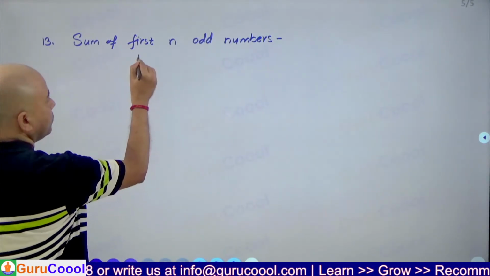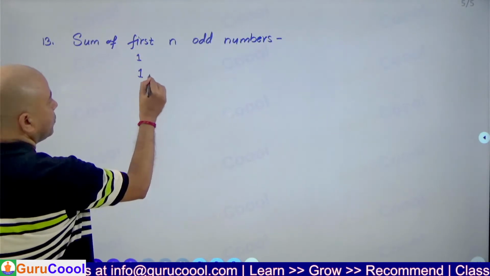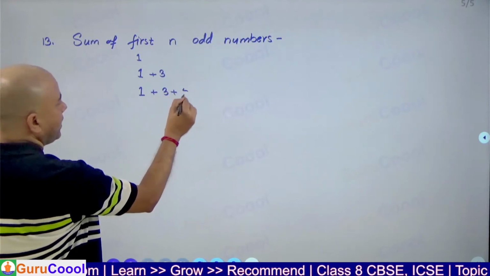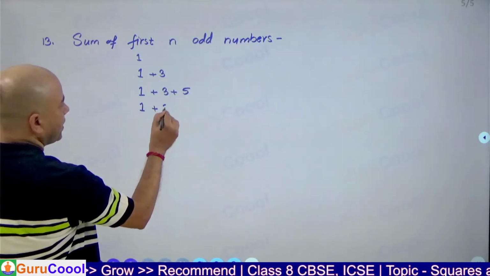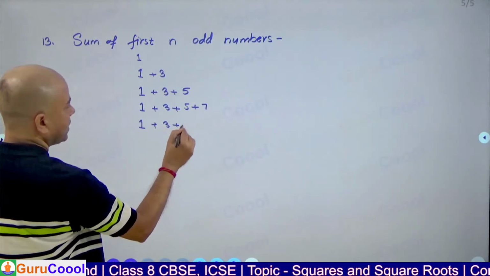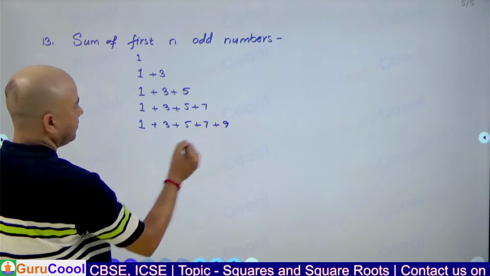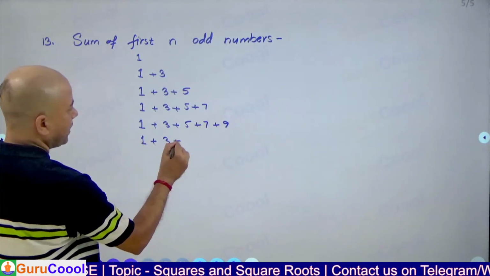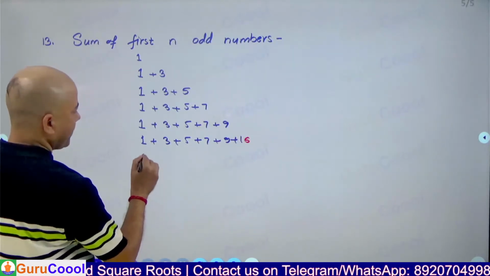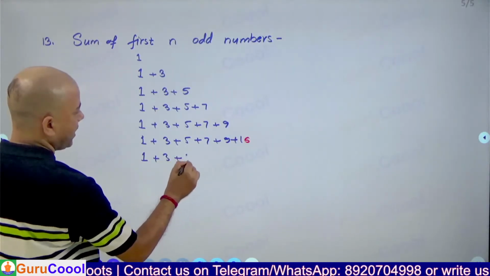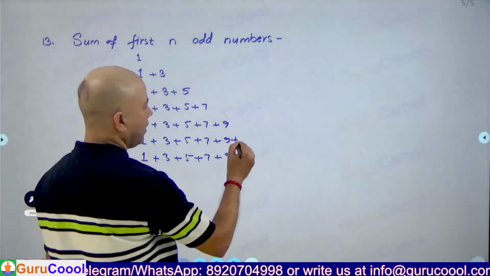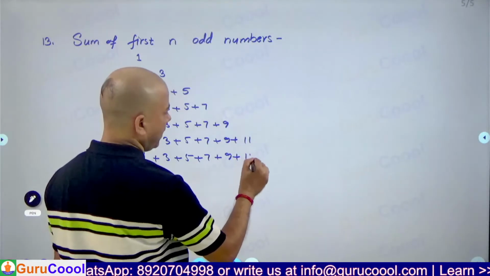Yes, sir. 1 plus 3, 1 plus 3 plus 5, 1 plus 3 plus 5 plus 7, 1 plus 3 plus 5 plus 7 plus 9, and so on. After 9 it's 11, then 13.